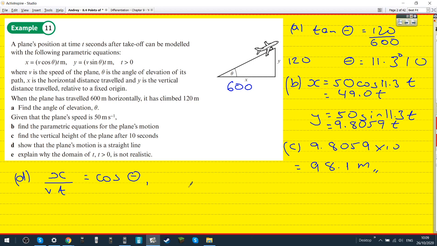Any idea about why? So do I then need to do y over vt equals sine theta? Yeah, hang on. I was going to say square both of these, but then you still have t. Maybe I'm not eliminating the right thing.